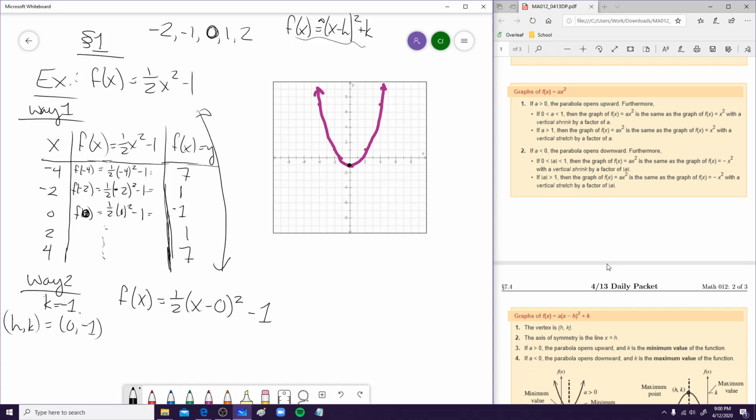Since a is between 0 and 1, we know that our graph is going to be skinnier than our parent graph. Or so.